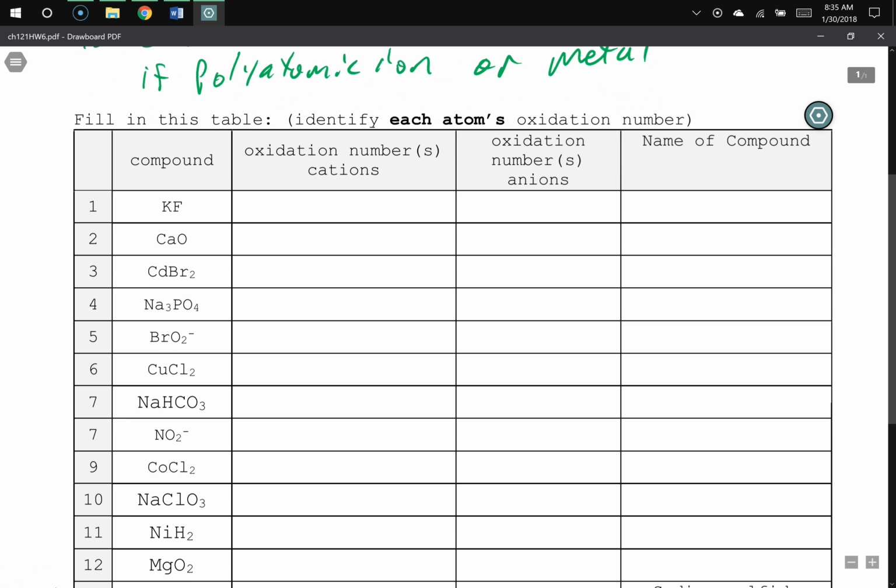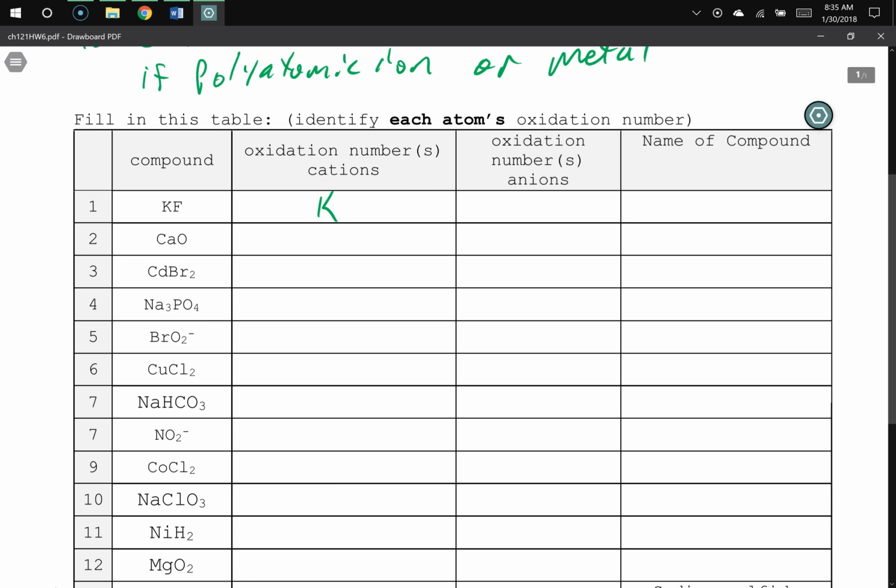Okay, cation. First compound. Who's the positive ion? How do you know the potassium's the positive ion? Yeah, it's a metal. Metals lose electrons. Metals don't gain electrons. So the metal is going to be the positive ion.